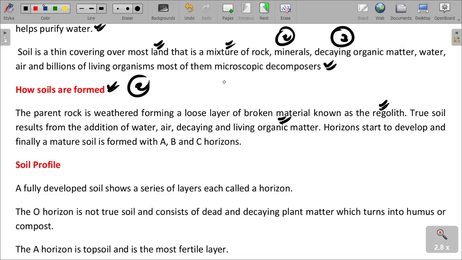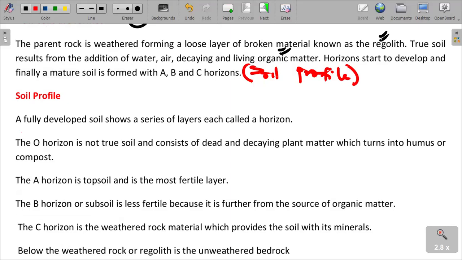The soil profile identifies the vertical appearance of soil layers from the topsoil to the parent rock that we can identify as we dig down. So in that regard, we need to look at what a soil profile is.